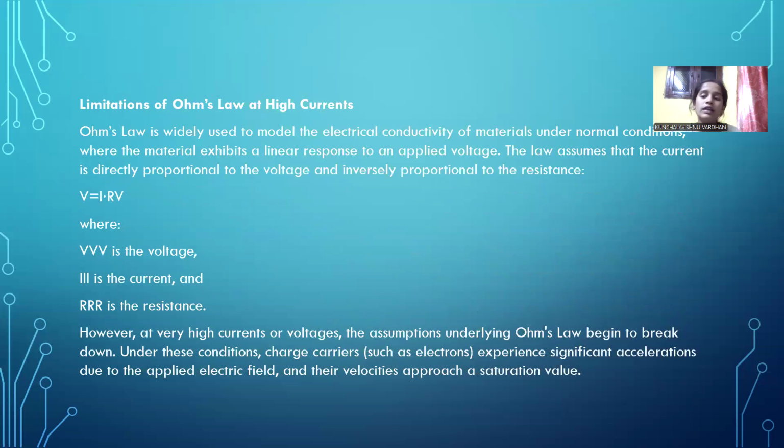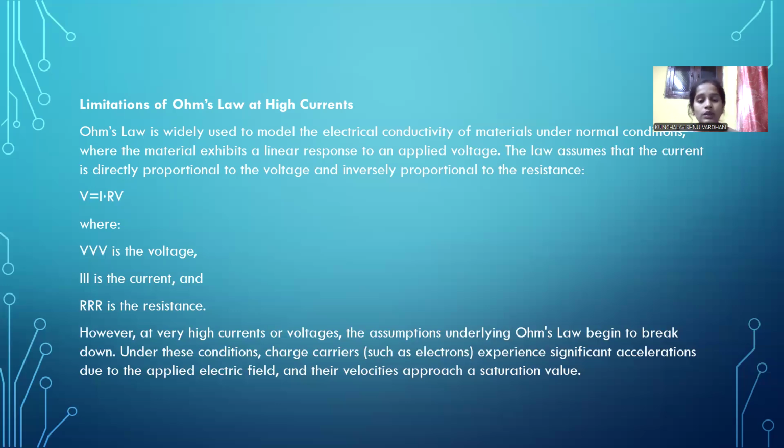Limitations of Ohm's law at high currents. Ohm's law is widely used to model the electrical conductivity of materials under normal conditions where the material exhibits a linear response to an applied voltage. The law assumes that the current is directly proportional to the voltage and inversely proportional to the resistance: V = IR, where V is the voltage, I is the current, and R is the resistance.